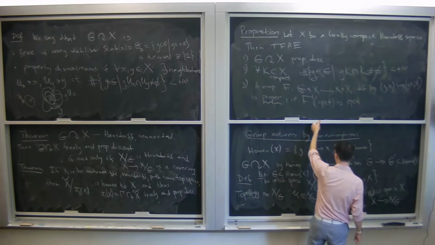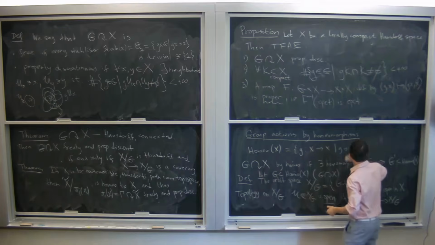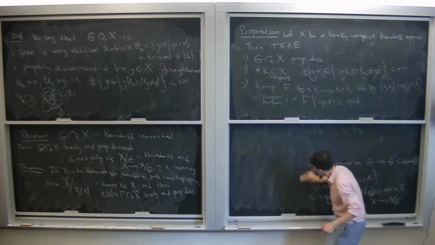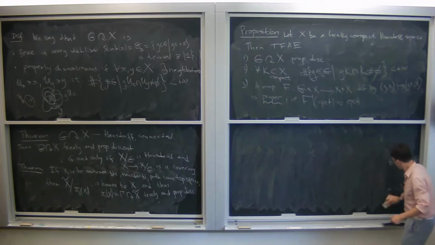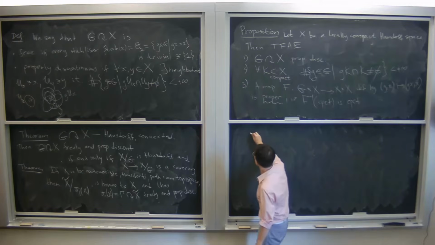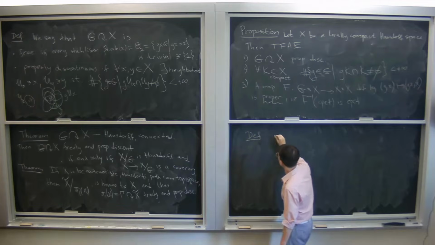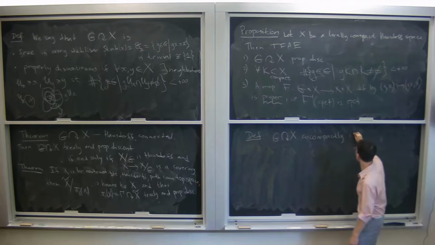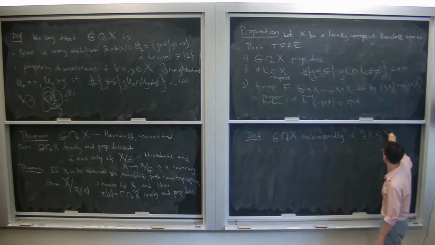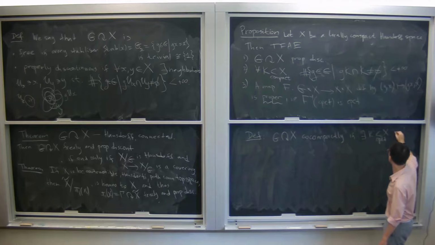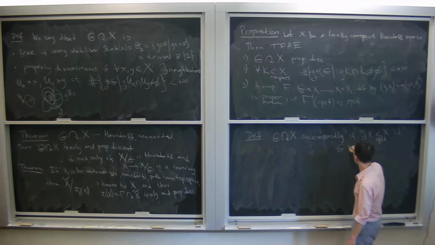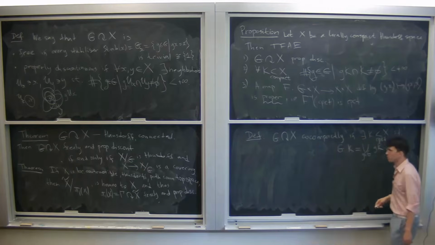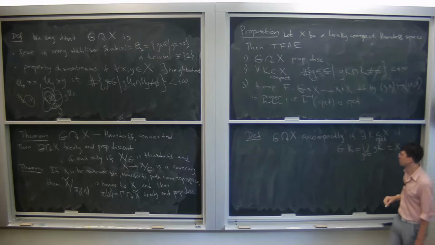Definition: we will say that G acts on X co-compactly if there exists a compact subset K of X such that G times K, which is basically the union over all g of gK, where we apply g to K, covers the entire space X.